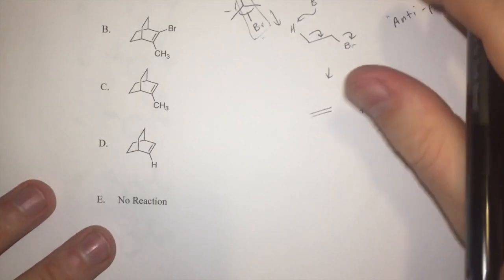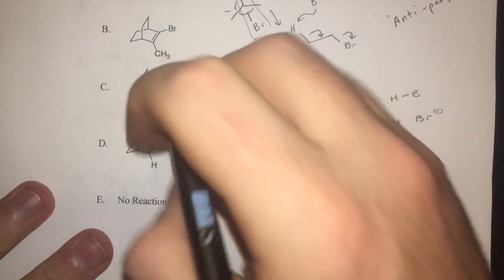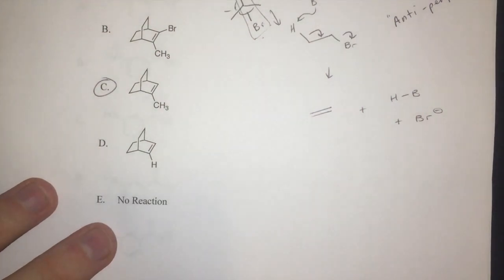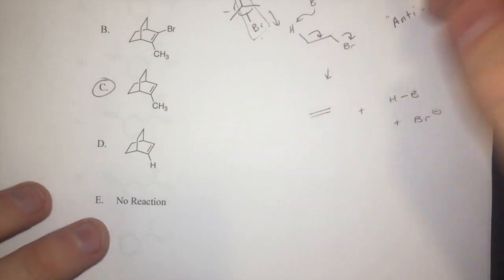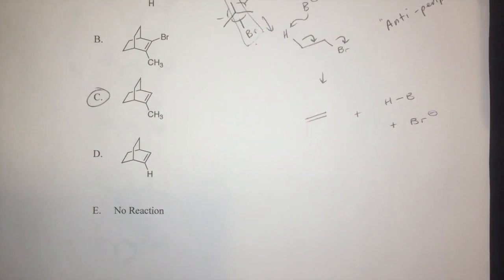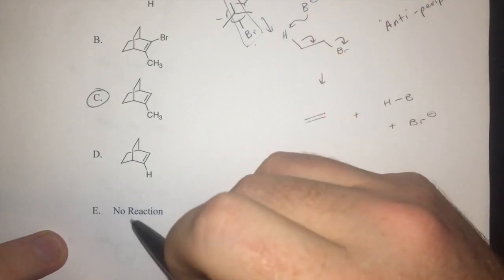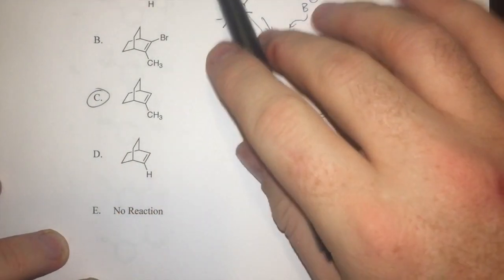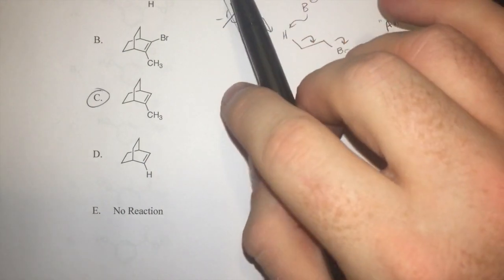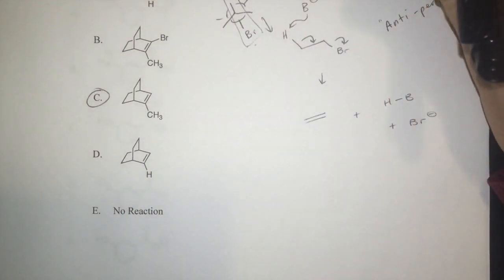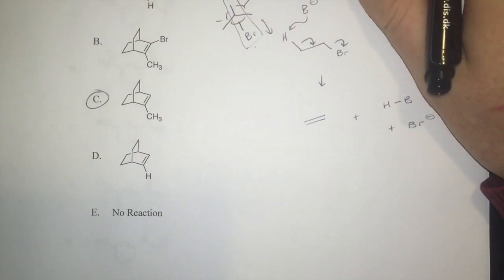Looking at my answer key, I can see that C clearly is the correct answer here, okay? It's tempting to say E because you will have studied this and you will say, oh, I know it has to be anti-periplanar, and it's not, so therefore no reaction. But in this case, it's one of those rare examples where a syn periplanar will actually work, okay? So the correct answer here is going to be C.